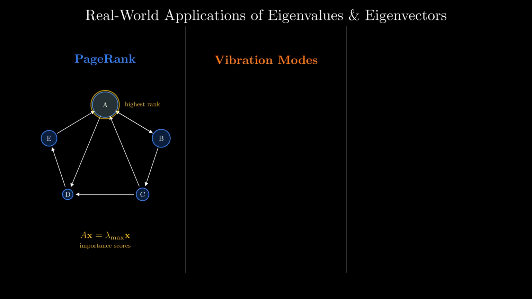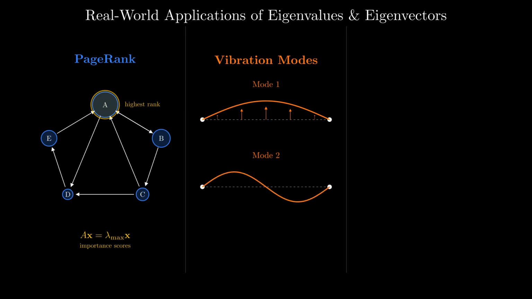Second, in structural engineering, the eigenvectors of a stiffness matrix describe the natural vibration modes of a bridge or building. Mode 1 might be a single smooth arch shape, while mode 2 might be an S-curve. The corresponding eigenvalues give the squared natural frequencies of these vibration modes. Third, in data science, principal component analysis, or PCA, finds the eigenvectors of a covariance matrix.